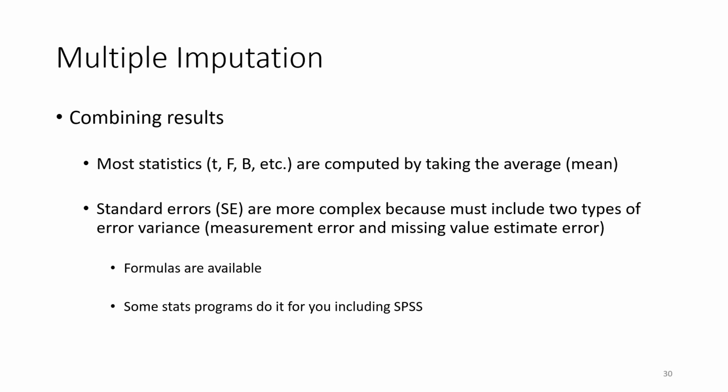And this means that we're going to have multiple t-values if we run a t-test, or multiple ANOVAs if we run analysis of variance, and so forth. So for most statistics, all we do is we take the average of the 3 to 5 results, and that is our final statistic.